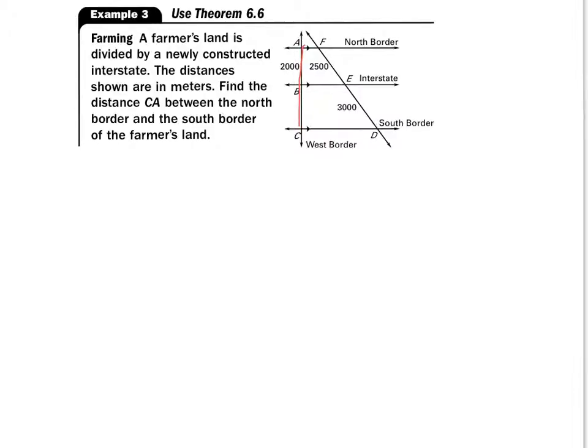Because they're parallel, we know that parallel lines divide the two transversals proportionally. So in that case, CB over BA has to equal DE over EF.